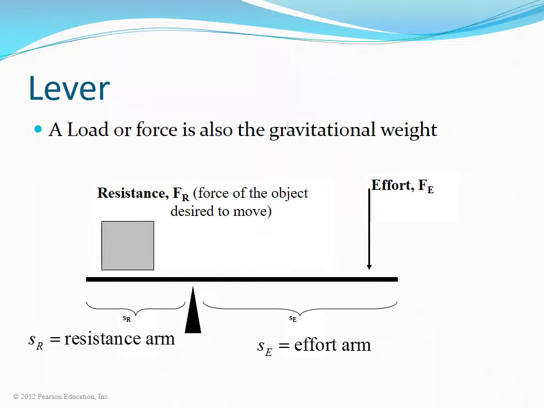The diagram shows a lever. On the right is the effort force F sub E, a distance S sub E from the fulcrum. The effort force's distance from the fulcrum is called the effort arm. On the left is a resistance force F sub R, a distance S sub R from the fulcrum, and on the opposite side of the fulcrum. This is the resistance arm. The resistance force is usually the gravitational weight of the object.